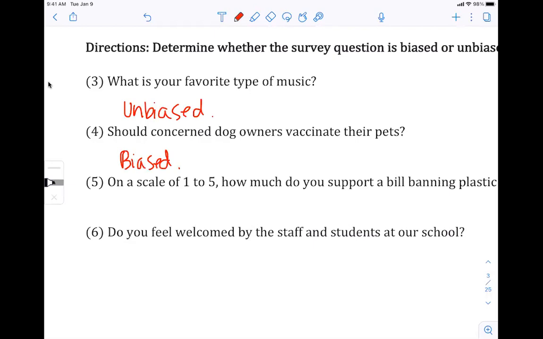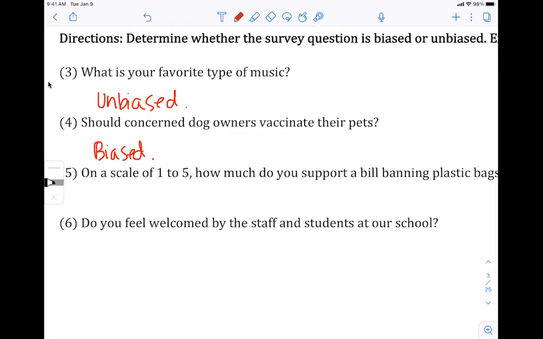And this one plays on your emotions a little bit. It basically is saying that only concerned dog owners are people that vaccinate their pets. And sometimes that's not always the case. A lot of people just get them vaccinated because they're supposed to. That's what the doctor says to do. Maybe it's not necessarily that they're concerned. So that would be a reason why this one would be considered biased.